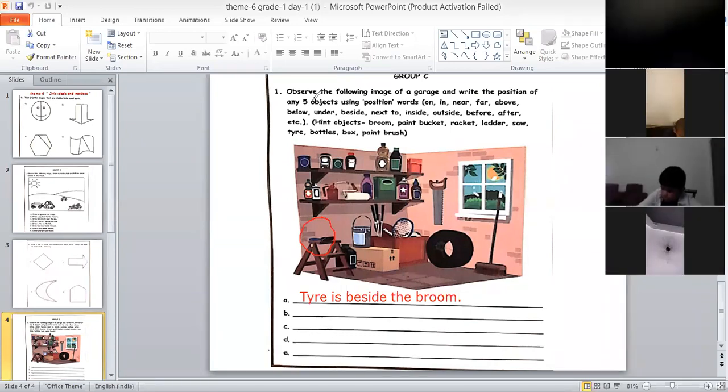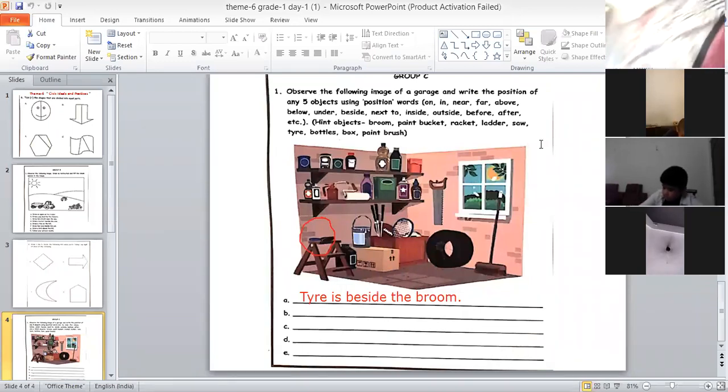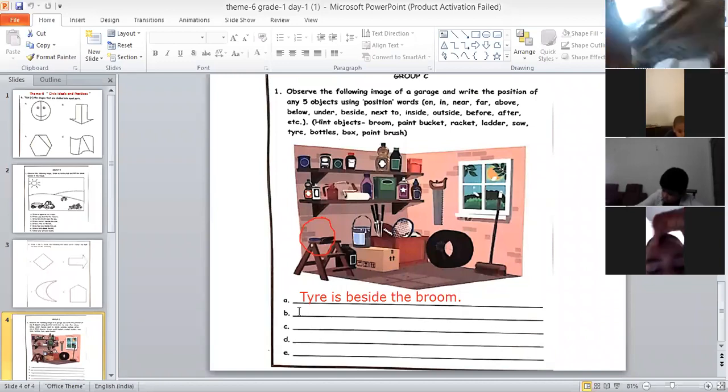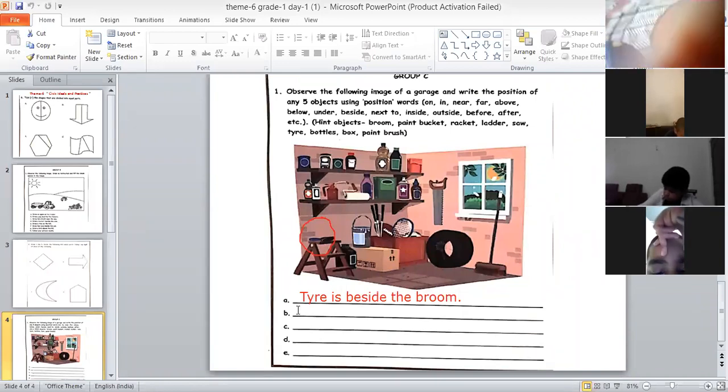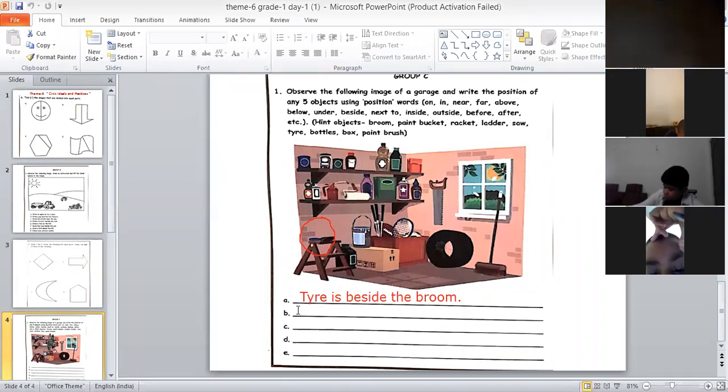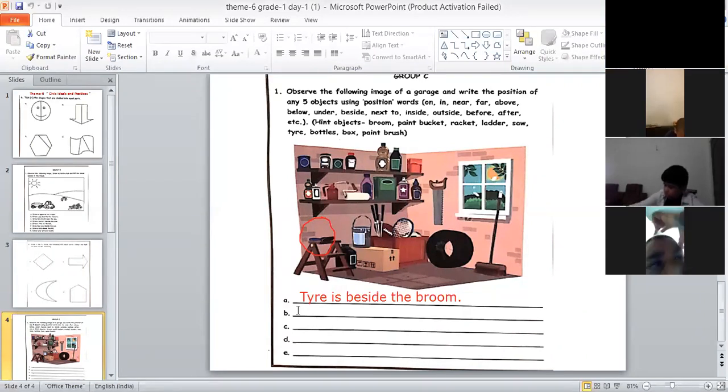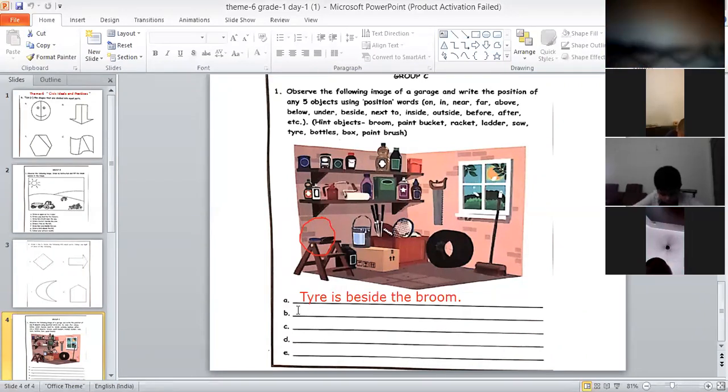On. Okay, so paintbrush, say the complete sentence. Come on. Paintbrush is on the ladder. Say.